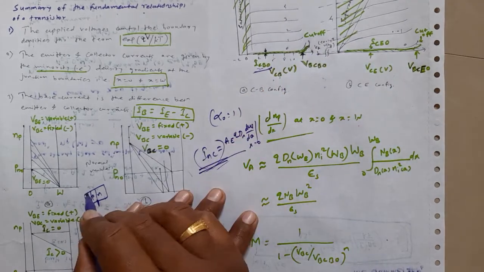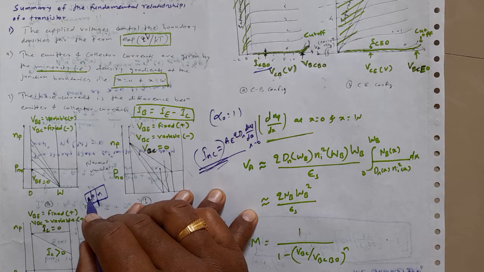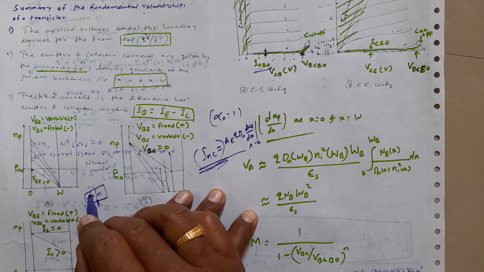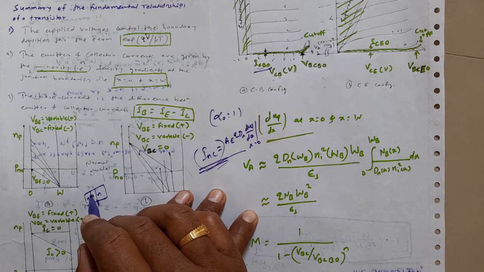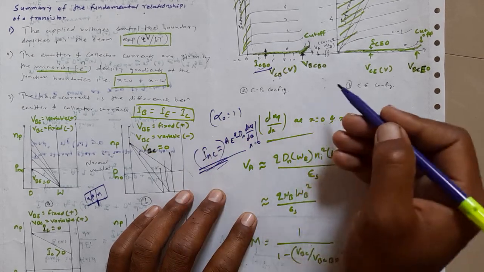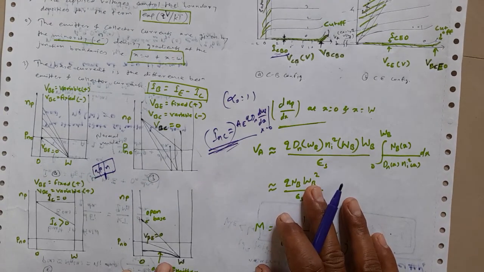So there is a 0 emitter current, and that will reduce the electron gradient at x equal to W, as can be seen here.